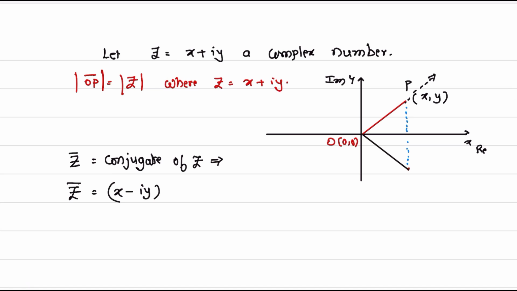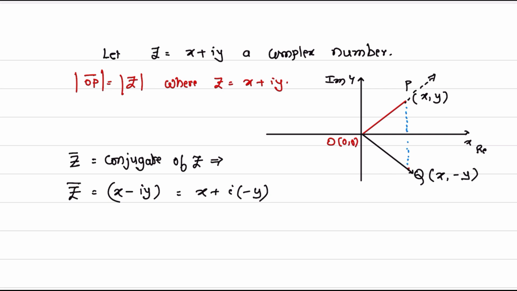Origin we are not changing. This we will call q, with coordinates (x, minus y). Z bar is nothing but x plus i into minus y. x minus iy is nothing but x plus i into minus y. The imaginary part is negative.